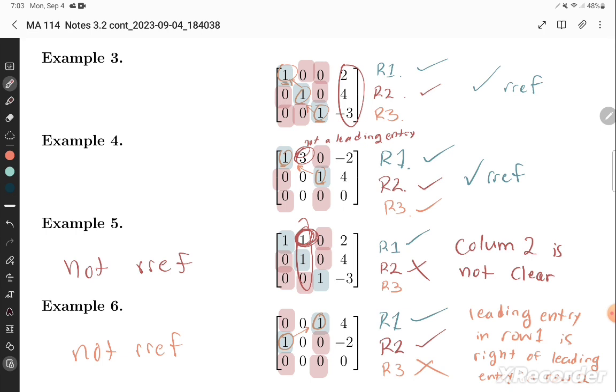Are these in row reduced echelon form? Because it's important for us to know when something is in row reduced echelon form. That's going to be our goal: to row reduce our matrices to be in this row reduced echelon form, so we can solve and interpret it and see what it means for our system of linear equations.